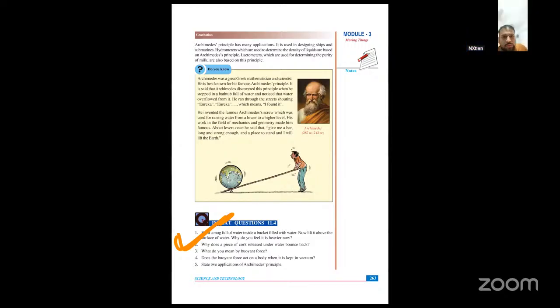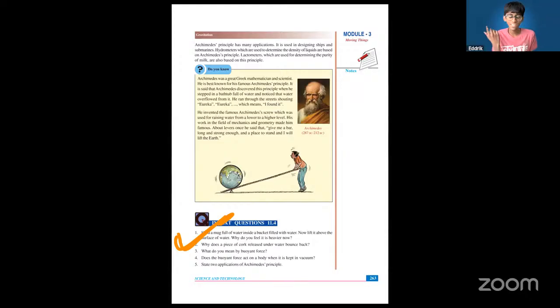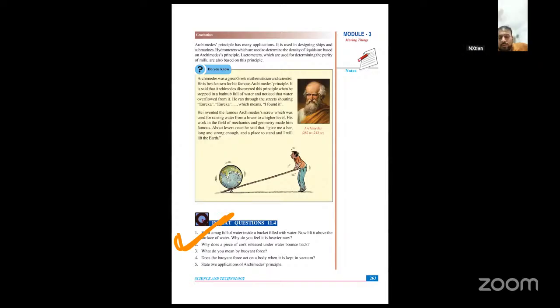I guess 1 to 2 chapters are left. Not more than that. For Abigail also 1 to 2 chapters. Okay, so that's why we try to complete their portion first so that they can be free from that and they can do their own study.